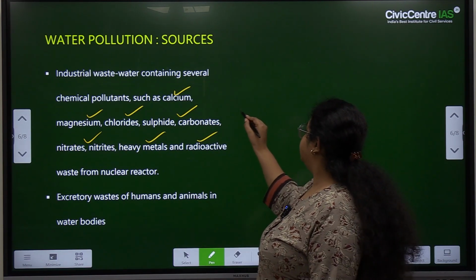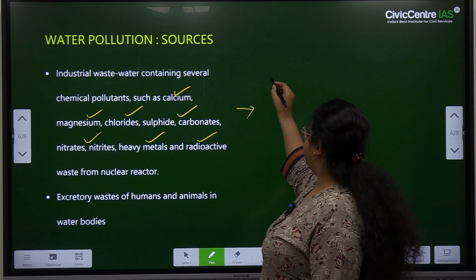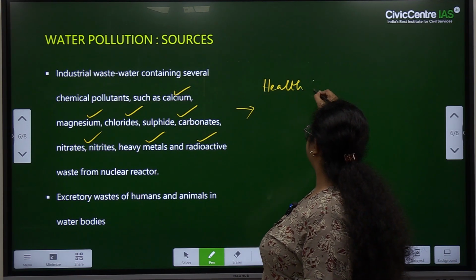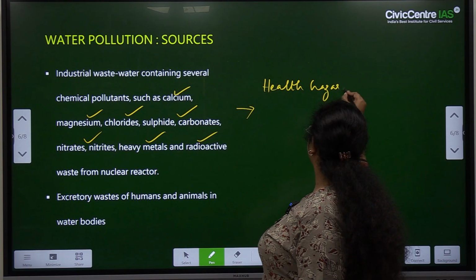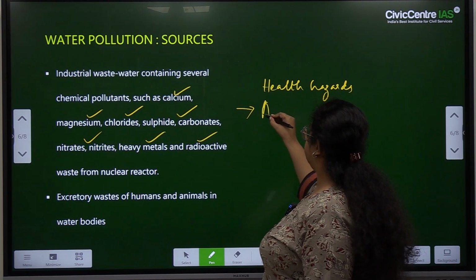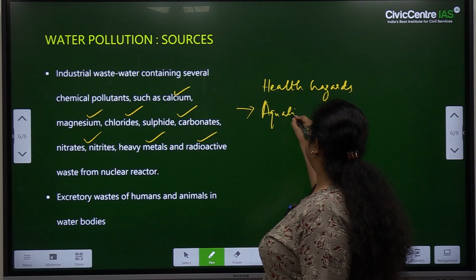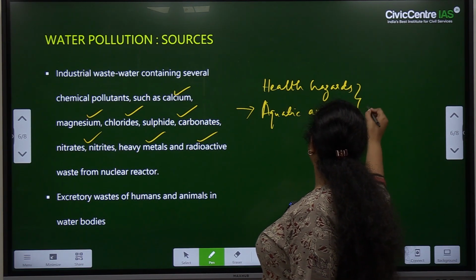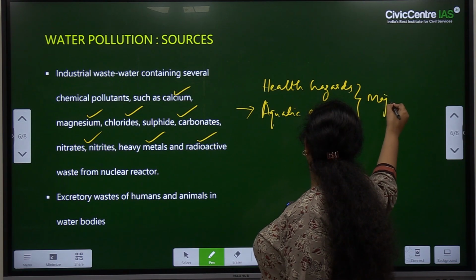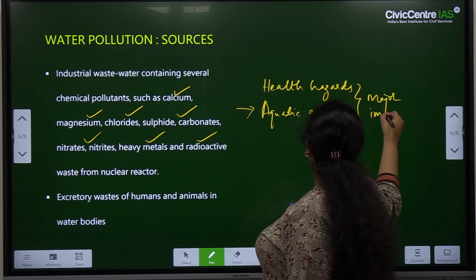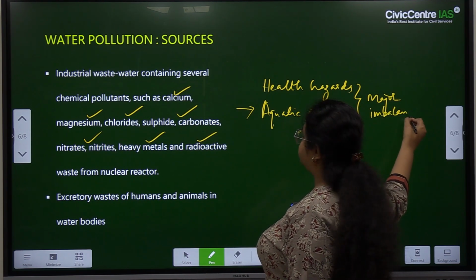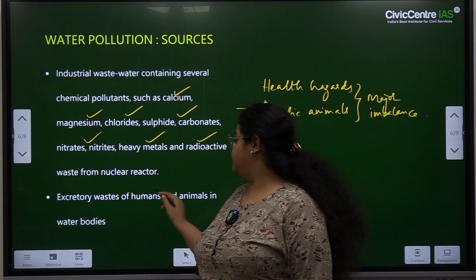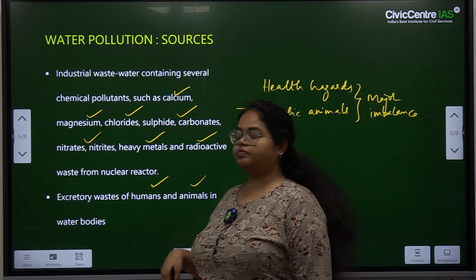We can see that they cause various health hazards in humans, and also kill aquatic animals, creating a major imbalance in the aquatic ecosystem. And also excretory wastes of humans and animals.